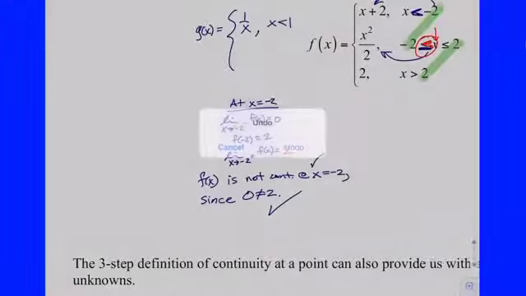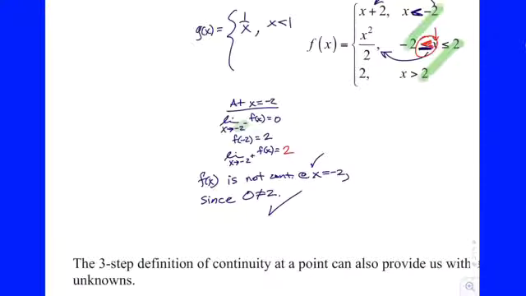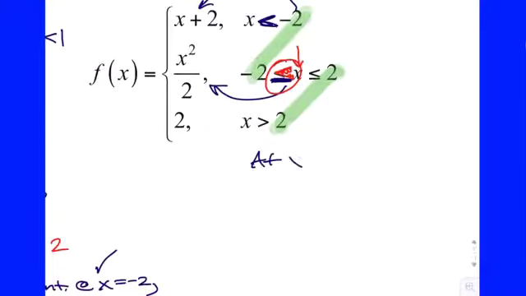Okay. So here's what I want y'all to do. There's only one other X value. X equals 2. Go ahead and do your own analysis now and determine whether it is or it isn't. Answer it the same way: statement with the justification.